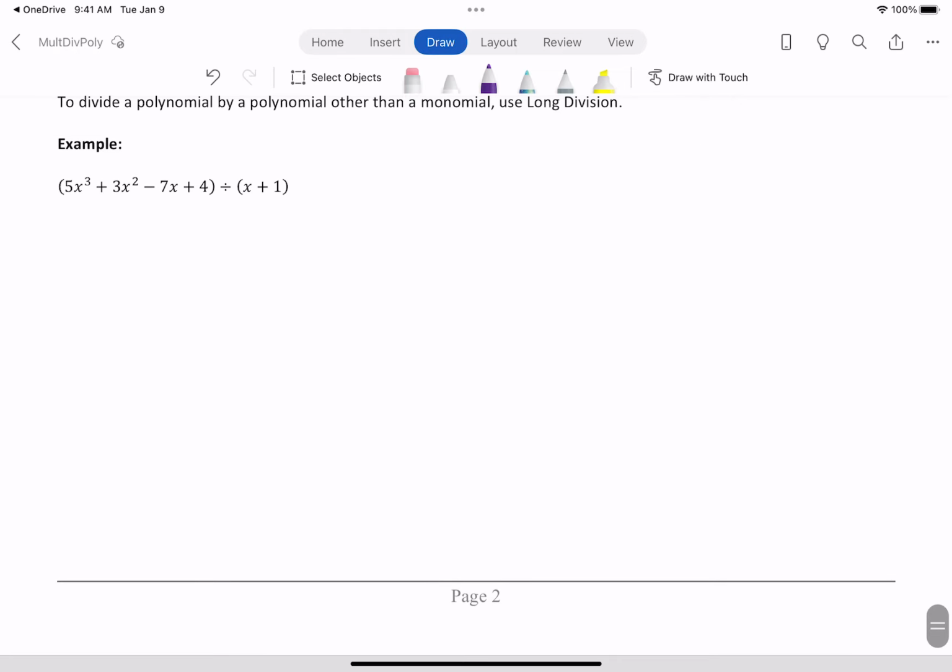The last one is, of course, the worst one. We need to rewrite this as x plus 1, and we're going to put the polynomial under our box.